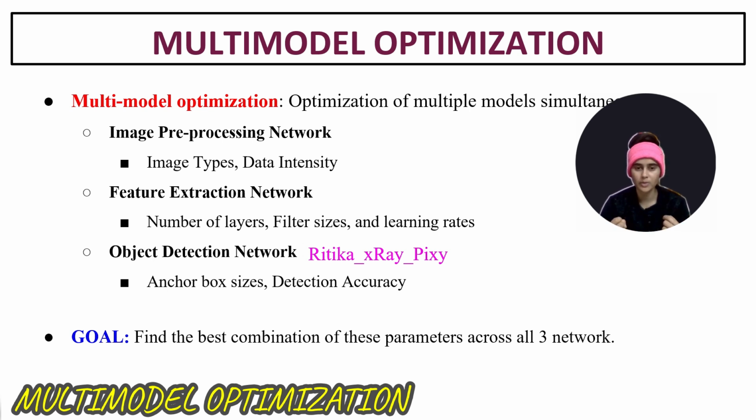So the goal is to optimize the entire system for best object detection accuracy, and it involves finding the best combination of these parameters across 3 networks.